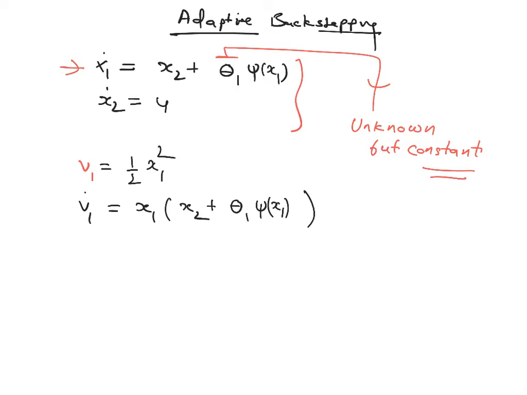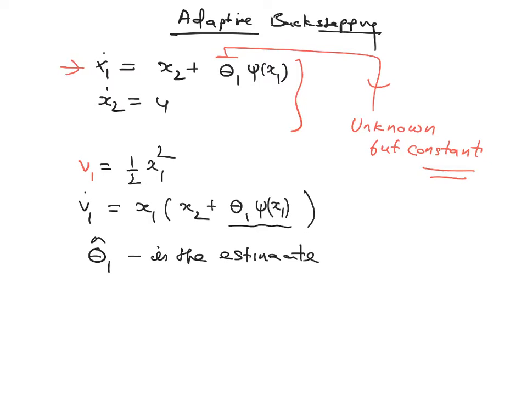Now what should my x2 be such that I can make this negative definite? There are two problems here. If I apply cancellation, I cannot, because I don't know theta. So instead of theta, let's say I have an estimate theta 1 hat of it, which we will run in parallel to this.